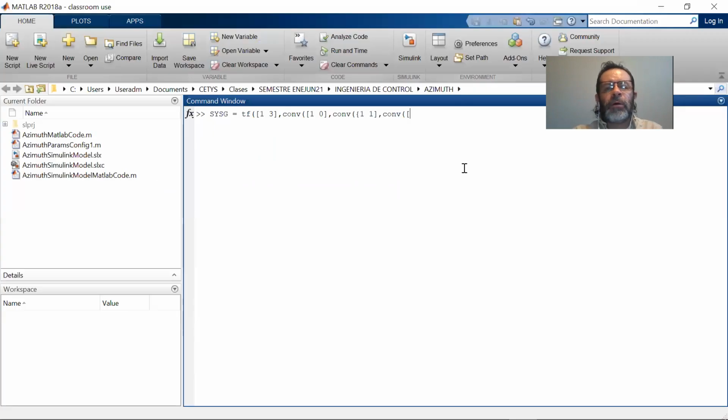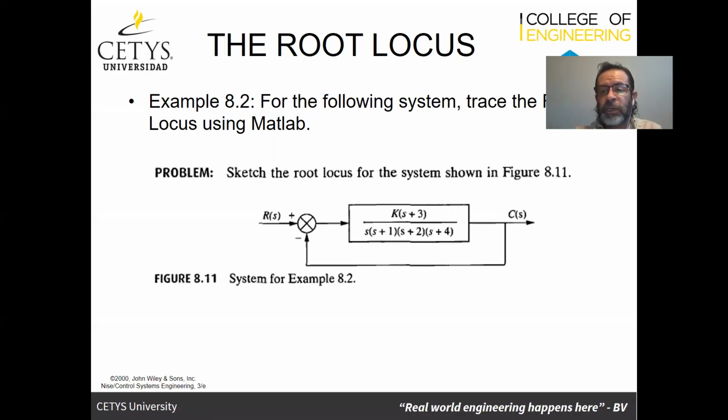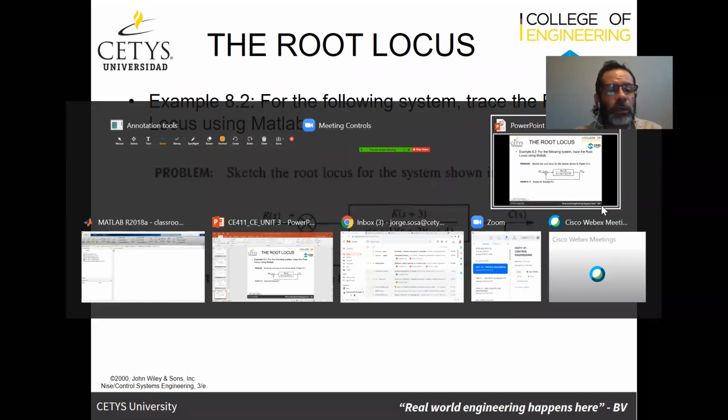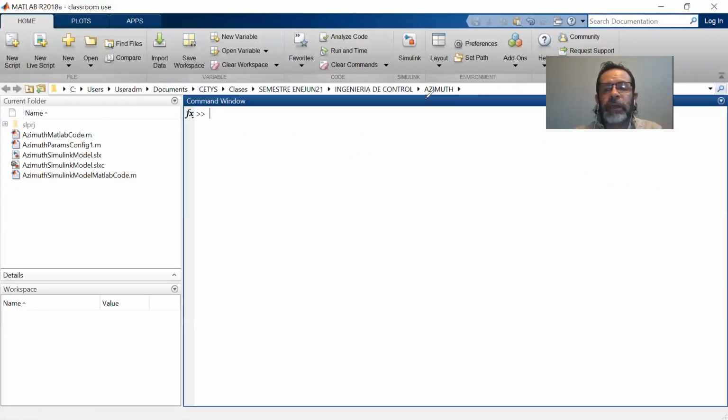I'm switching over to MATLAB, and I'm going to define the transfer function, in this case g of s, the forward transfer function, without the k.